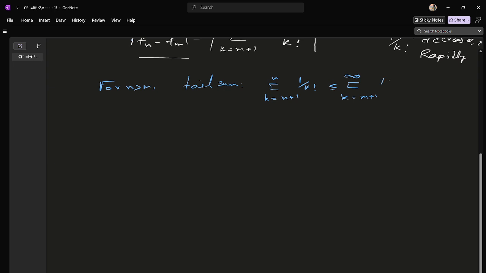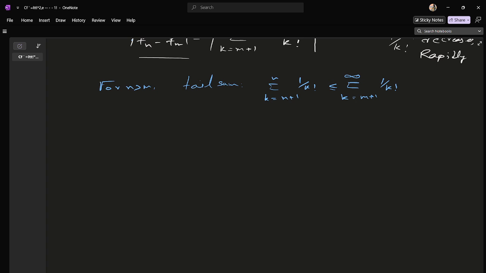Up to infinity the sum will increase, and up to n the sum will be smaller than it. So consider the infinite tail sum starting from k equals m plus 1 to infinity.